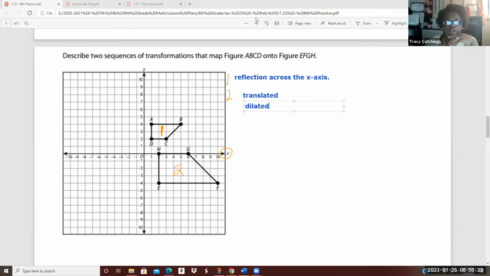All right, Amara, one I would take out would possibly be the translation. And one reason I say that is because the dilation happened. So that could be the reason why there's a gap between the coordinates, because it did get larger. I like your thinking.